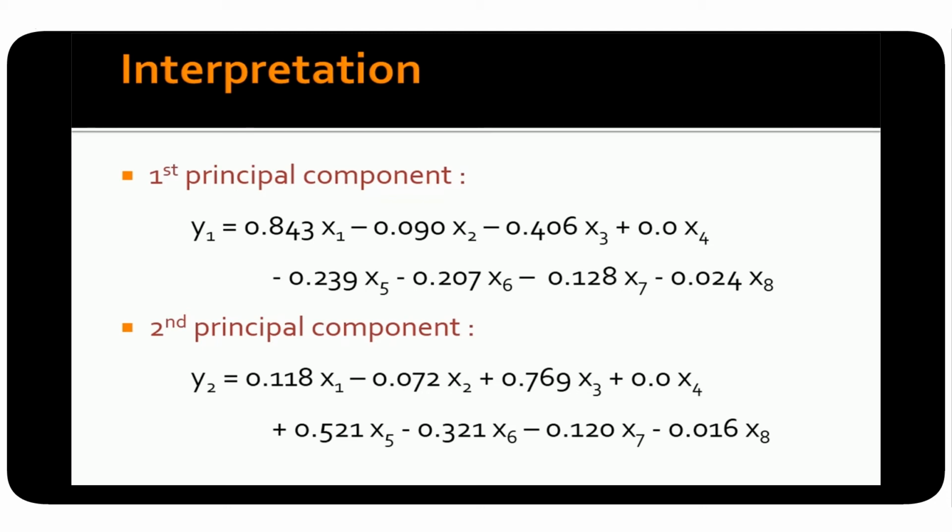Then the first principal component would be given by minus 0.341 x1, minus 0.346 x2, minus 0.364 x3, etc., minus 0.334 x8. Similarly, the second principal component would be given by 0.46 x1, 0.434 x2, etc., up to minus 0.524 x8. So, these are basically the linear combinations that we can have.